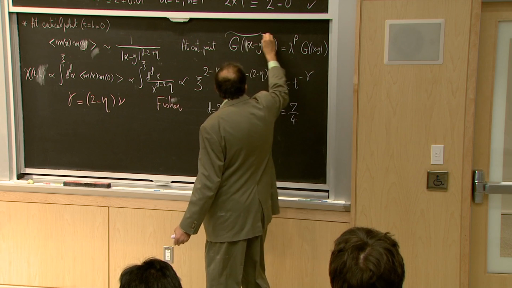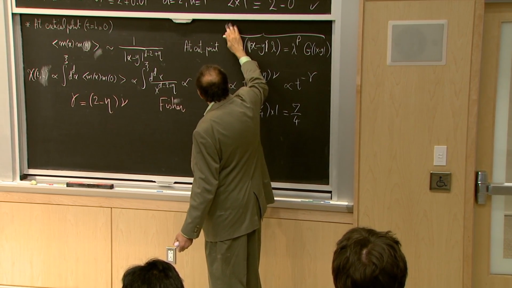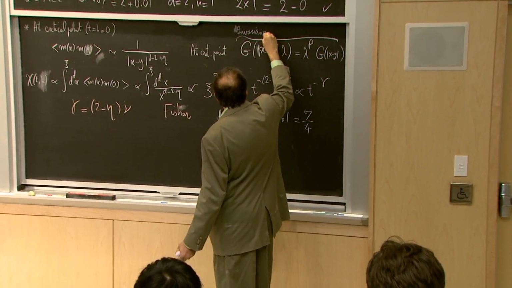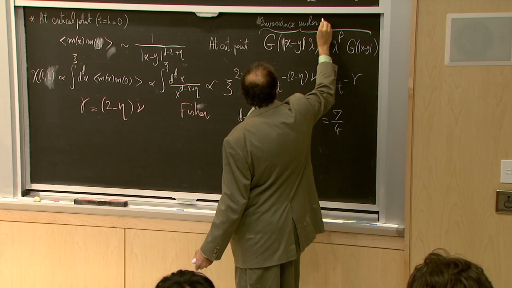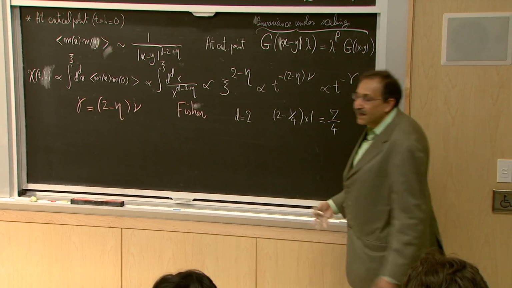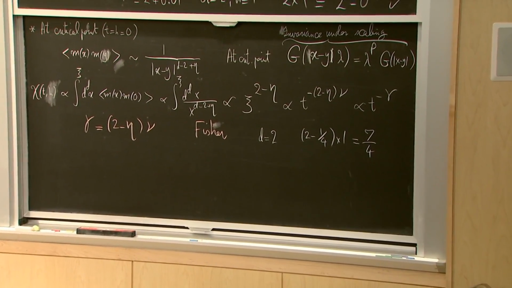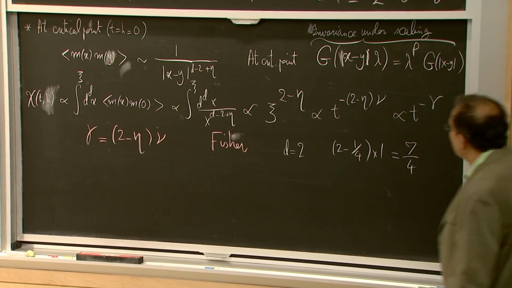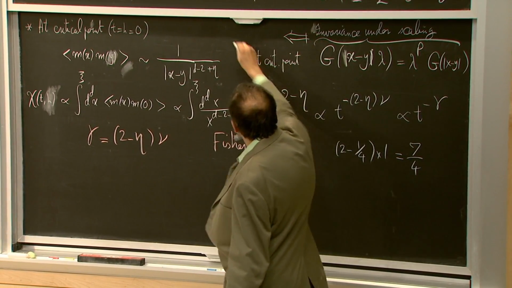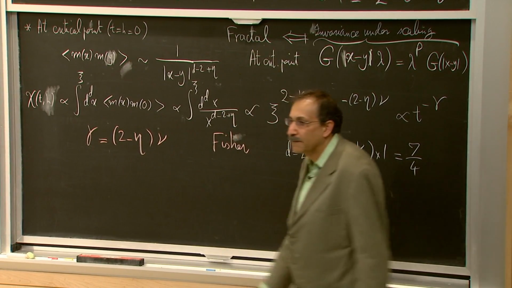So this is something to do with invariance under scaling. And this scale invariance is some property that was popular a while ago as being associated with the kind of geometrical objects that you would call fractals. Okay?